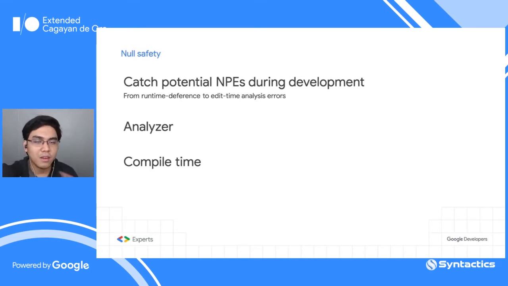So again, with the null safety feature coming in with Flutter, our IDEs and code editors are able to tell us, with the analyzer's help, that this is a potential NPE, and at compile time it basically tells us this code cannot be compiled given the null safety specifications. This might introduce runtime crashes.